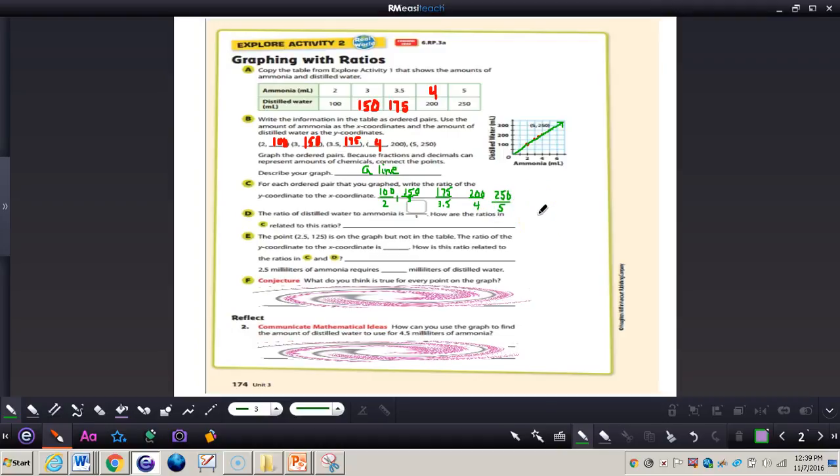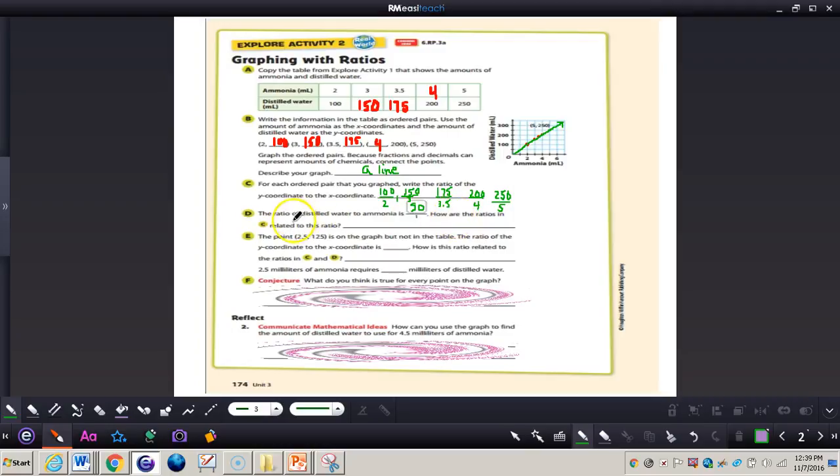Alright, for letter D. The ratio of distilled water to ammonia, as we have seen, is 50 to 1. For every 50 milliliters of distilled water, we have 1 milliliter of ammonia. Alright, so for this section here, it says the ratio of distilled water to ammonia is 50 to 1.